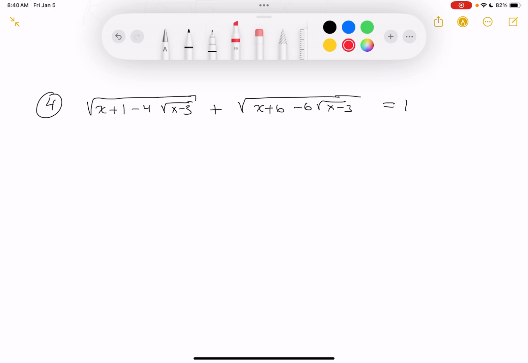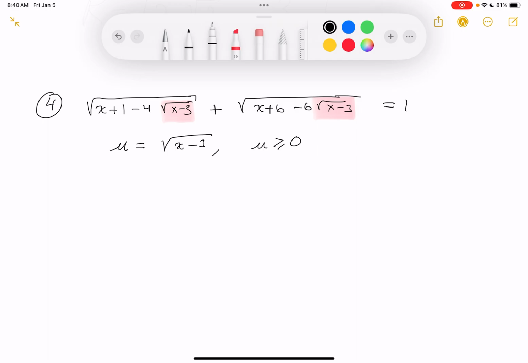Well, immediately what I notice over here is that these things are identical. So what I'm going to do is just simplify the problem. I'm going to use a substitution. I'm going to say u is equal to the root of x minus 3, with the understanding that u has got to be a positive number.